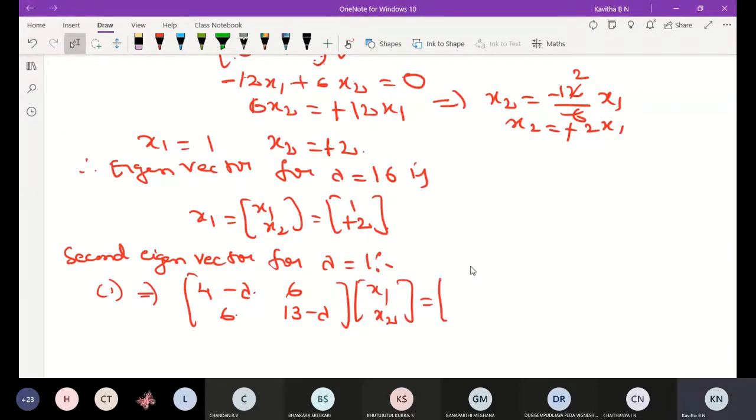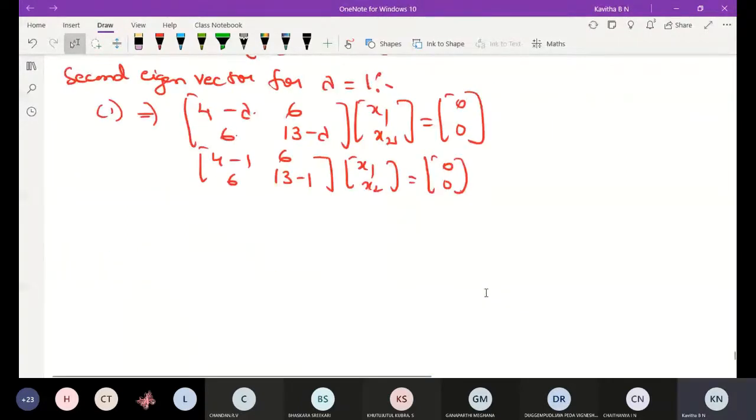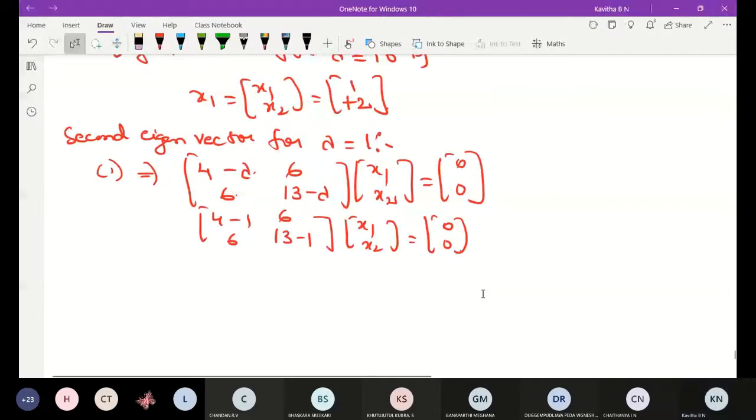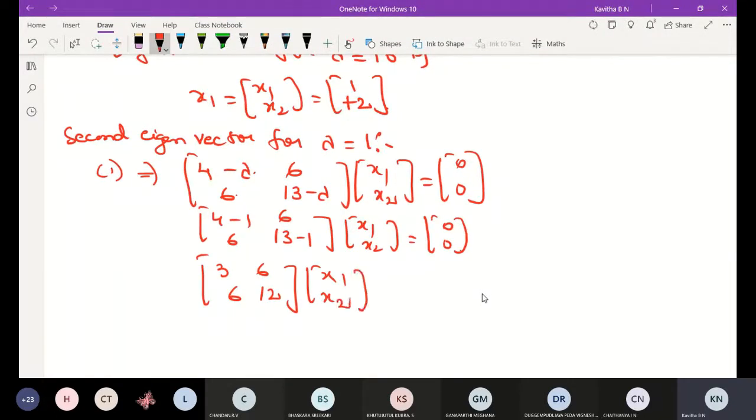Okay, here 4 minus 1, 6, 6, 13 minus 1, then x1, x2 is equal to 0. What we are getting here? 3, 6, 6, 13 minus 1 is 12, x1, x2 is equal to 0, 0.